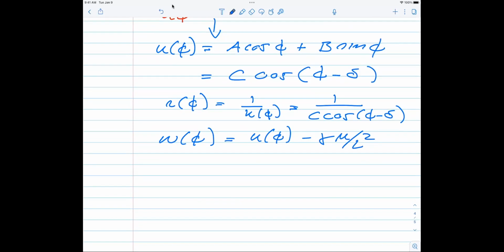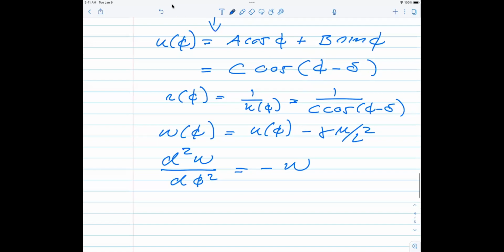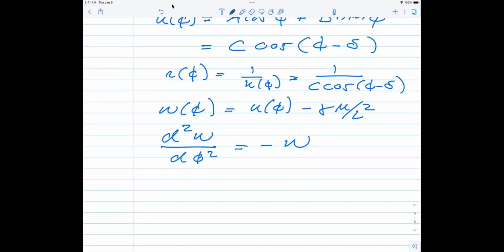If I take the derivative of this function w in terms of phi, this is nothing but minus this w function, because the quantity which we subtract is just a constant. So I can rewrite my solution in terms of a new cosine function. I could write this as d, and now I'm going to be a little bit sloppy with notation here.